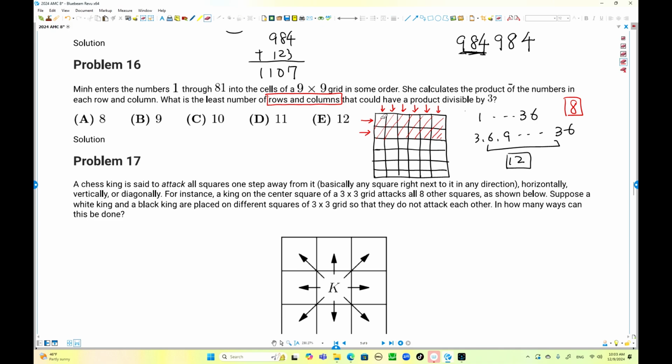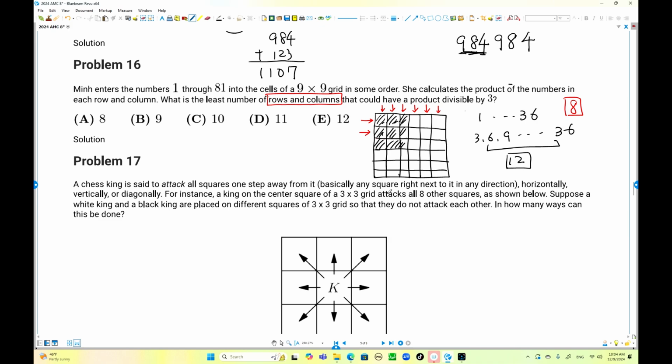When you take over here, we arrange these 12 numbers from the corner, 1, 2, 3, 4, something like that. So 3 over here, there is a 9.